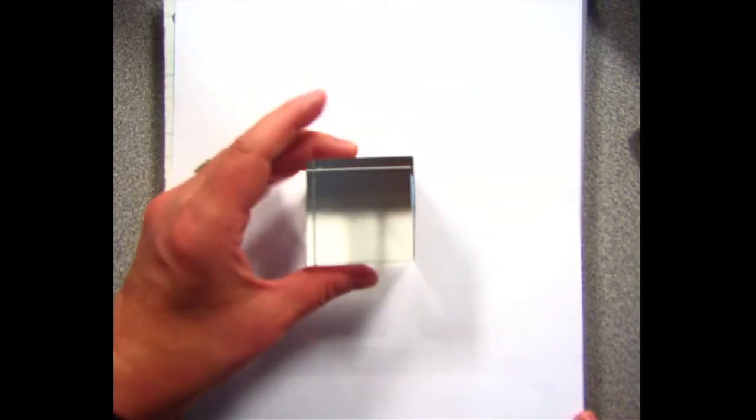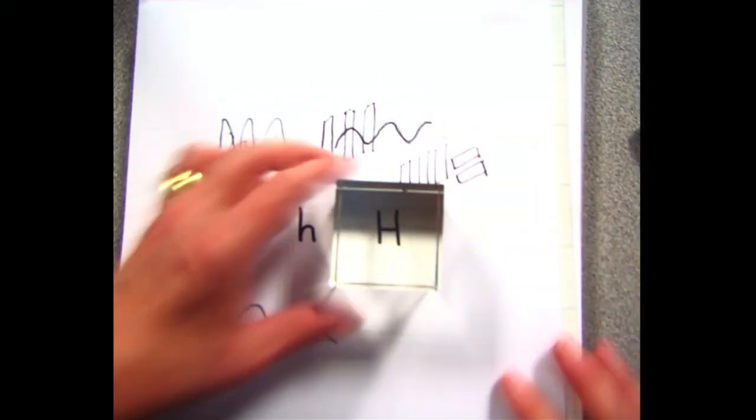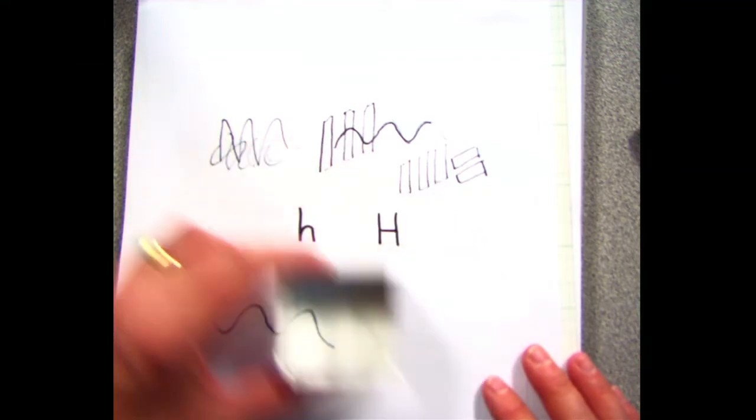But now, one of the things we're going to do today is do a problem associated with something that looks like this. This actually is a block of optical glass. And a lot of us have played with these things. If I look, there's H, right?